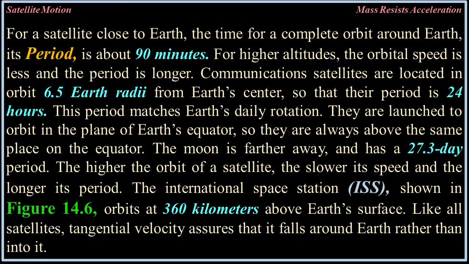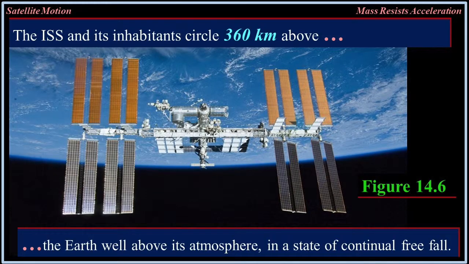The International Space Station, shown in Figure 14.6, orbits at 360 kilometers above Earth's surface. Like all satellites, tangential velocity assures that it falls around Earth rather than into it. The ISS and its inhabitants circle 360 kilometers above the Earth, well above its atmosphere, in a state of continual free fall.